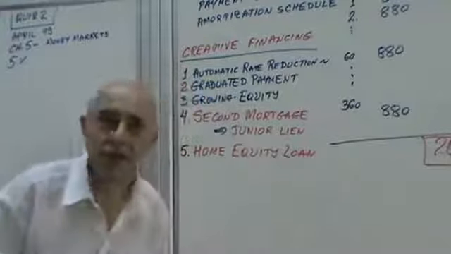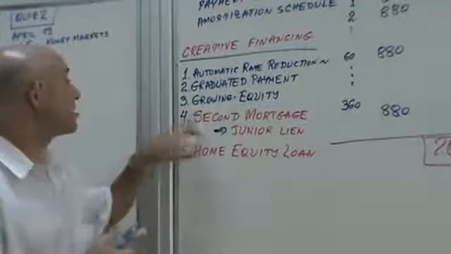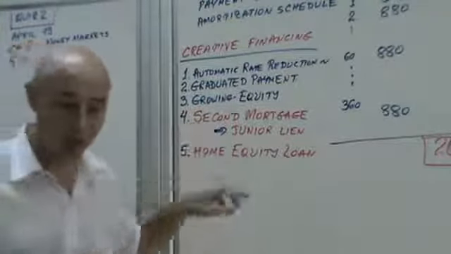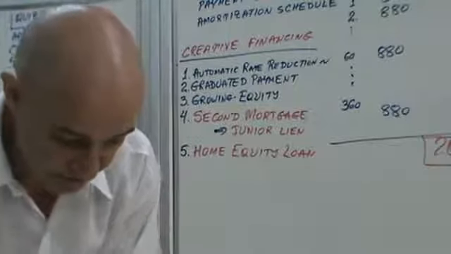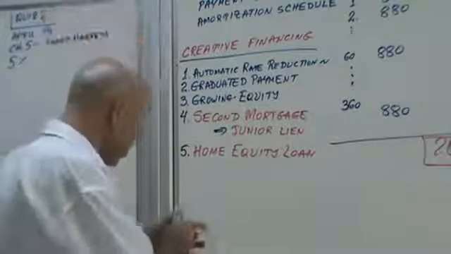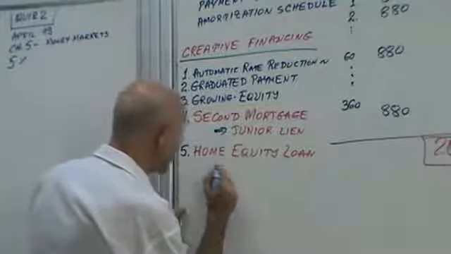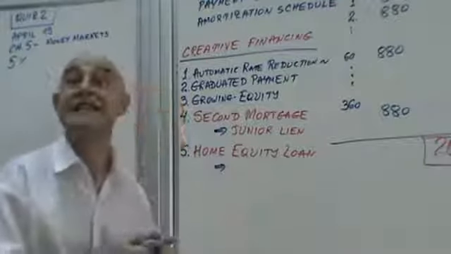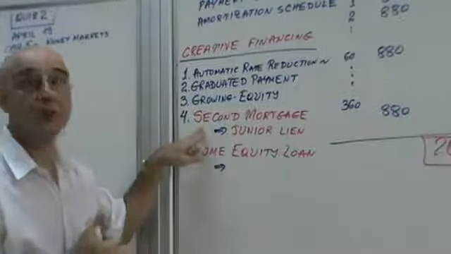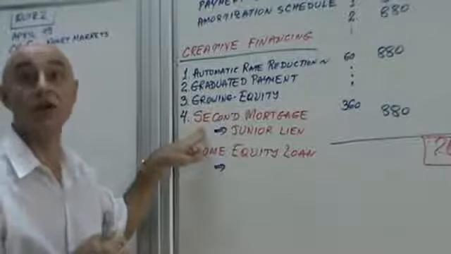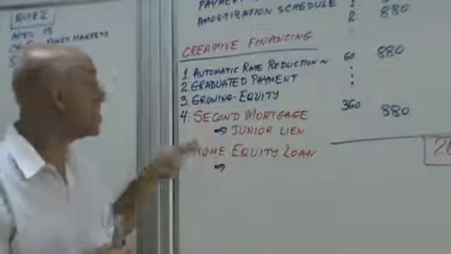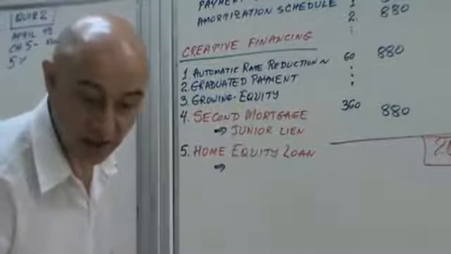And a home equity loan is pretty much exactly like a second mortgage. You've got to see what's the difference. The home equity loan, again, is secured by the second mortgage, but it's a line of credit.